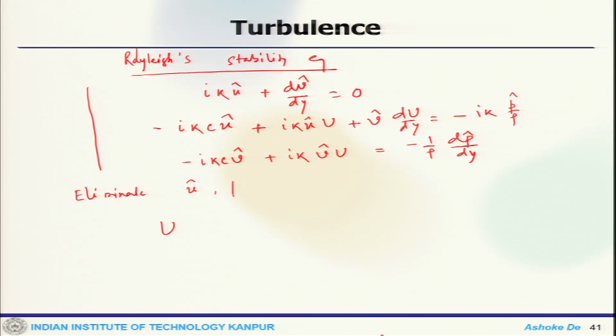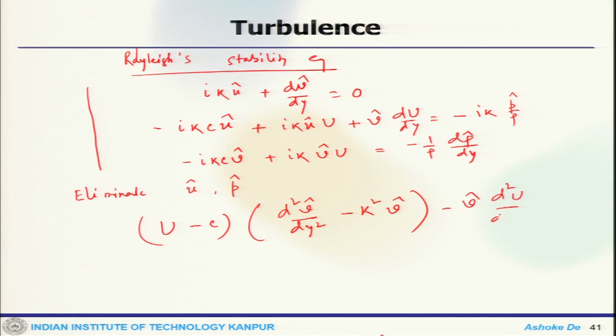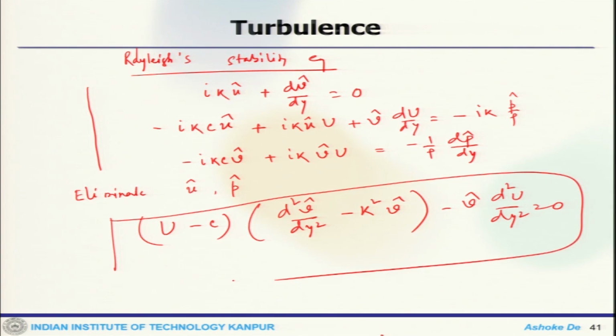(U minus c) d2 v hat by dy2 minus k square v hat minus v hat d2 capital U by dy2 equals to 0. So, this is what we get when we eliminate u hat from the first equation and p hat from the next two equations.